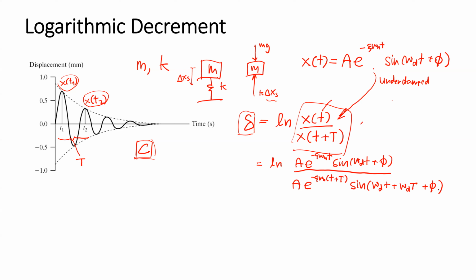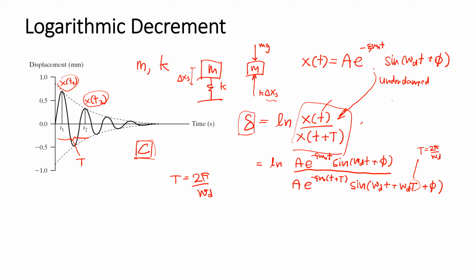Okay, what we can see here is, you know that the period of the vibration is equal to 2 pi divided by omega d. The period of the vibration here, T, is equal to 2 pi divided by omega d.